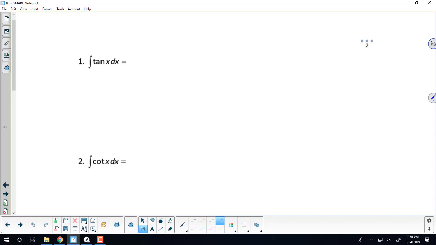So we want to write tangent as sine over cosine. And then notice that this is a u substitution, either way you look at it. The derivative of cosine is negative sine. So if we had this negative out here, we have this negative out here. And then that's in logarithmic form.